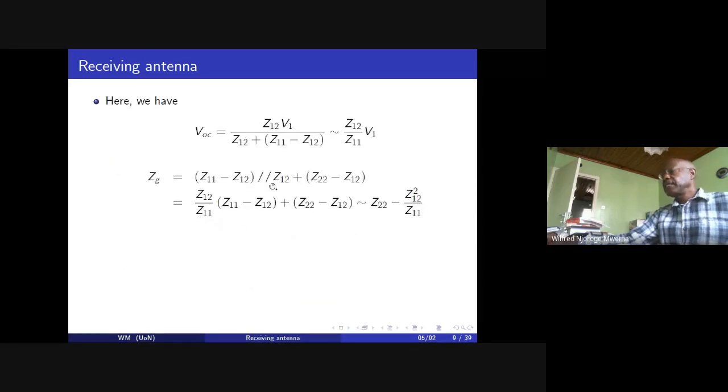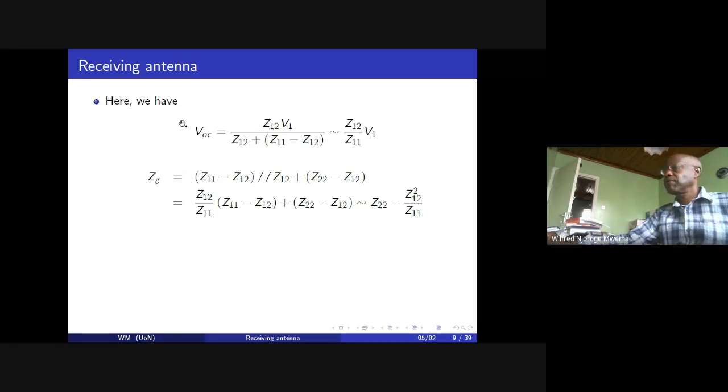And ZG is of course going to be given by Z11 minus Z12, which will be in parallel with Z12 and adding a series value of Z22 minus Z11, because when you are looking for the equivalent source impedance for the Thevenin circuit, you reduce all the forcing sources to their equivalent internal impedances.